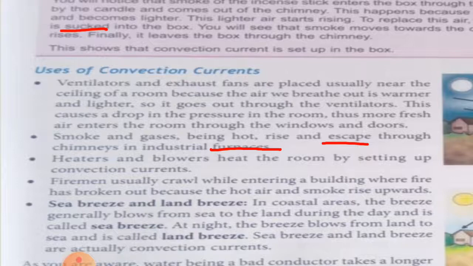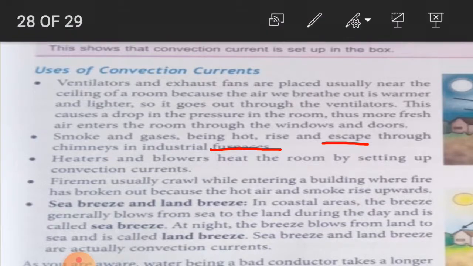Fireman means fire extinguisher, and crawl means move forward on hands and knees, and broken out means burst.